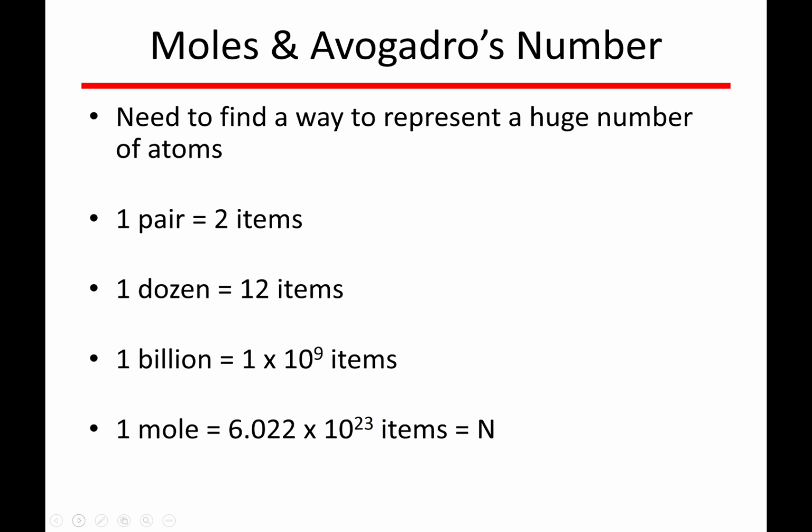So if you have 6.022 times 10 to the 23 carbon atoms, then that means that you have a mole of carbon atoms. If you had 12 carbon atoms, then you'd say that you have a dozen carbon atoms. These are words that just represent numbers. That's all that a mole is. It's just a number. We call this Avogadro's number, and you'll see that term used a lot. So Avogadro's number is this value, 6.022 times 10 to the 23.